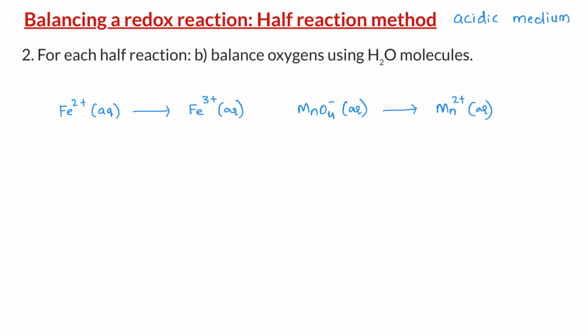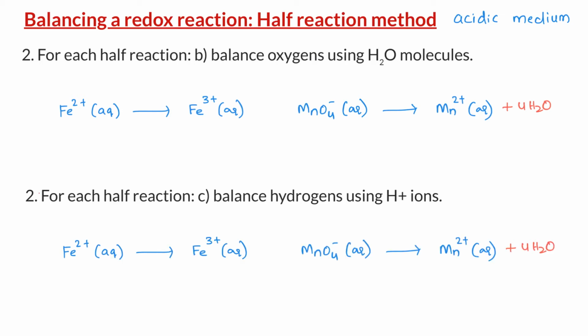For the reduction half of the reaction, we have 4 oxygens on the reactant side and 0 oxygens on the product side. Therefore, I will add 4 water molecules to the product side, which balances oxygen atoms.